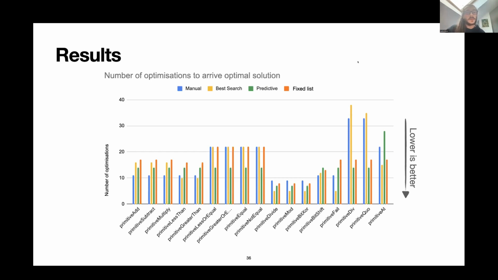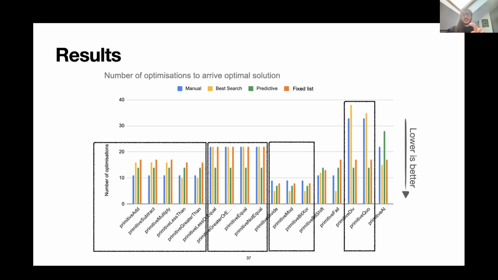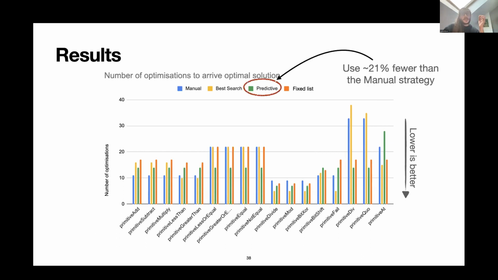The blue one is the manual. We can see that there is a pattern. So our idea to reuse the same optimization list is not too crazy, because we can see these groups of patterns. Maybe not one list for all, but maybe we can search for one primitive and reuse it for a certain group of them.